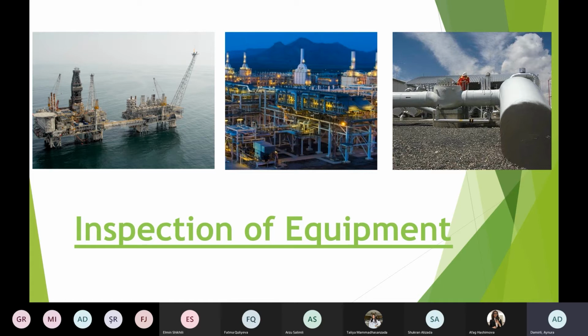Design life in normal cases is 25 years. This is a design practice, but can we make sure that in 25 years nothing will happen with equipment?